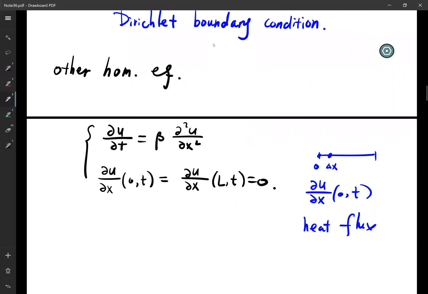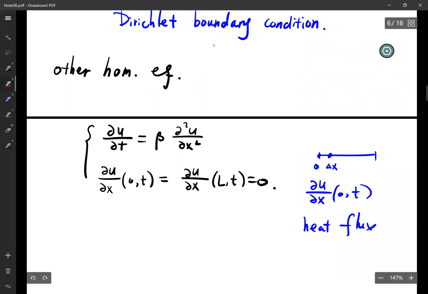So unlike setting a freezer there, saying that the temperature must be 0, I don't specify u. I don't know at this point what is the value of u(0,t). But what I'm saying is the heat cannot escape from the end of the rod, nor will any additional heat be injected into the end of the rod.